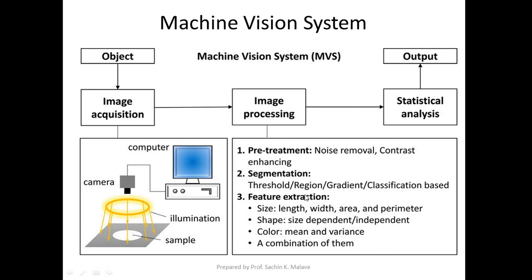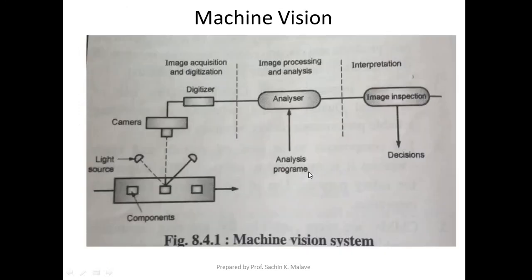So segmentation can be based on any of these four parameters. Whatever image you have obtained is processed and analyzed here. So here image processing is nothing but segmentation.